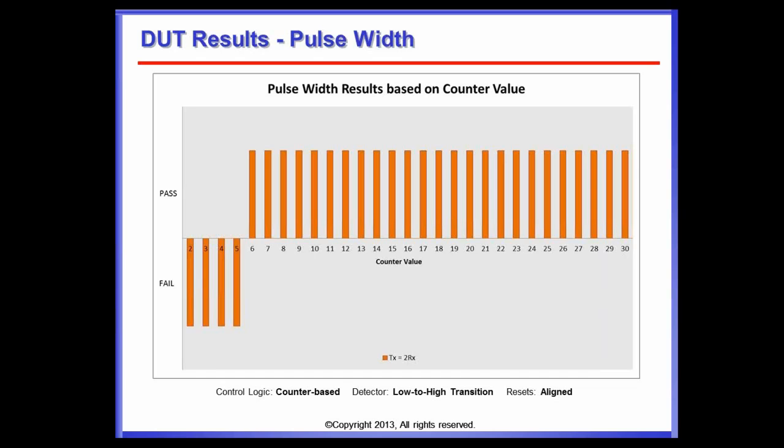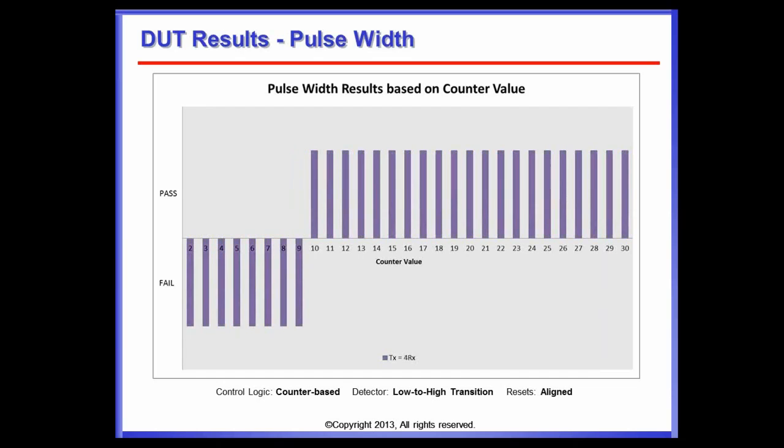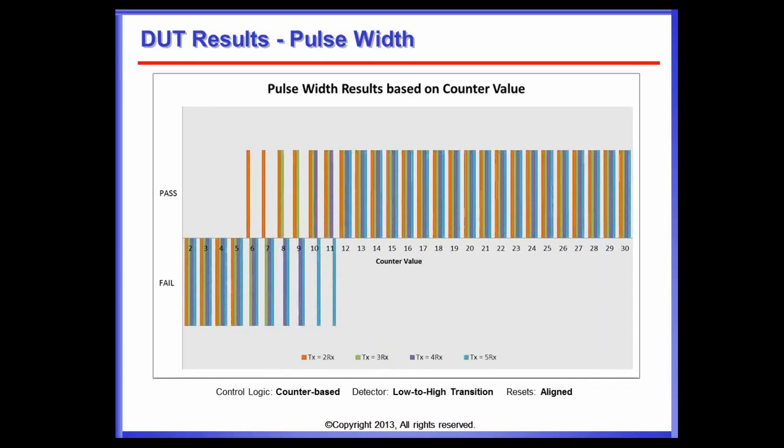As you see, if I have a ratio of 2, I need a counter starting with 6 to have enough pulse width on the control signal. If I increase the frequency, then of course, as expected, the necessary counter value goes up. So this is pretty straightforward.